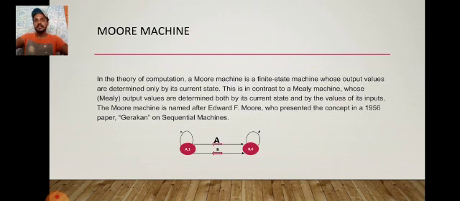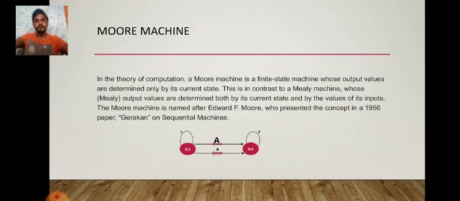The Moore machine is named after Edward F. Moore, who presented the concept in a 1956 paper, Gedanken experiments on sequential machines.